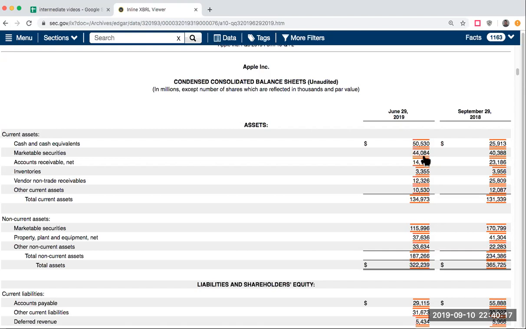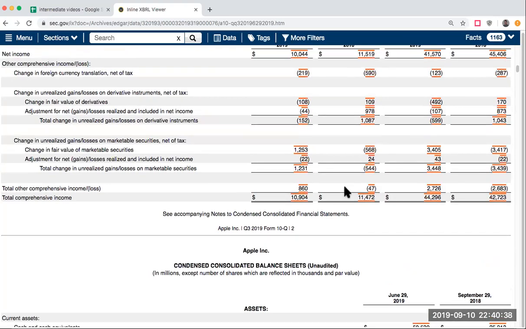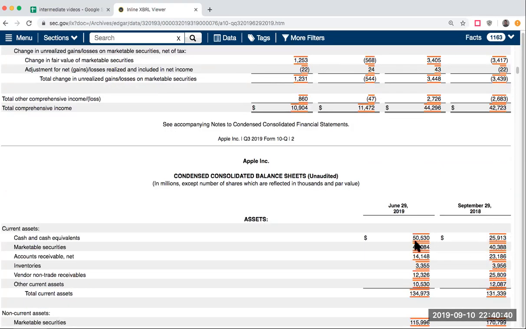However, what's very important is that if I'm holding stock in Amazon, and the stock of Amazon goes from $1,000 to $1,500, all of a sudden I've seen an increase in my assets for that dollar amount. However, I'm not selling those securities. I'm still holding them, but the value's going up on my asset side.